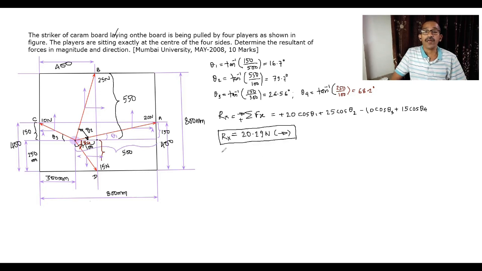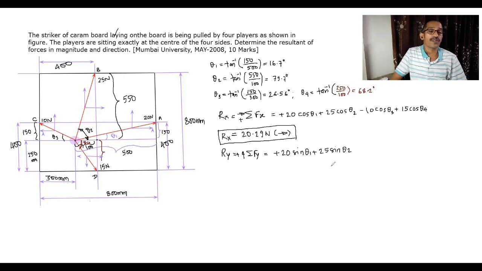To find Ry, we use the equation along the y-axis. Ry equals summation of Fy, assuming vertically upward force is positive. Again, we start from the 20 Newton force. Its component is vertically upward, therefore plus 20 sine of theta 1, since the inclinations are with the horizontal. The component of 25 is again upward, 25 sine theta 2.